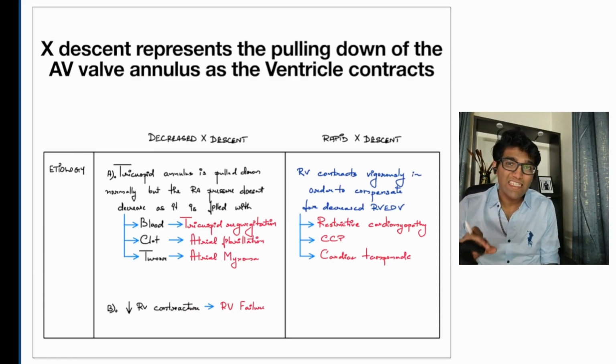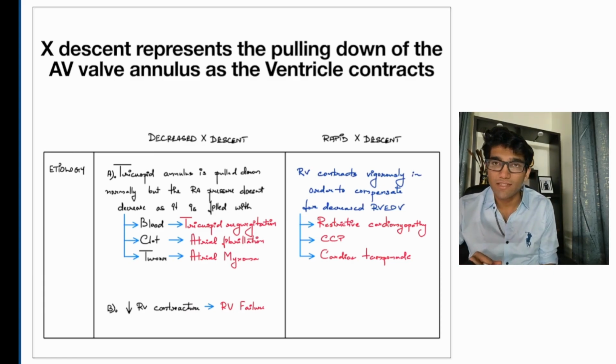As a result, it stretches the right atrium and decreases the pressure within the right atrium. Now, we can have a decrease in this if the right atrial pressure just doesn't decrease.